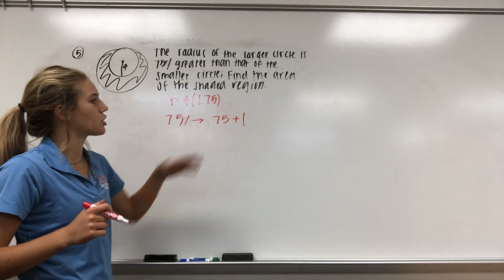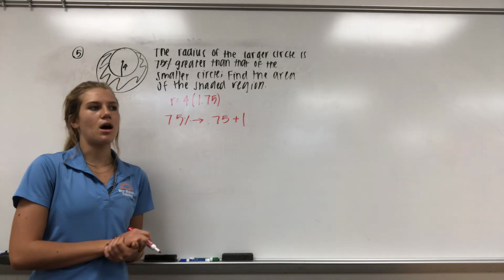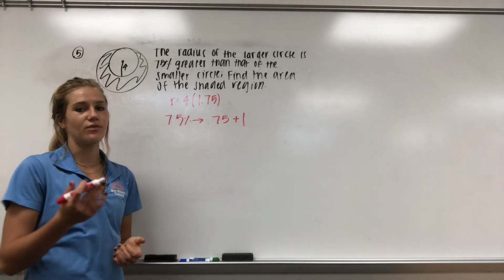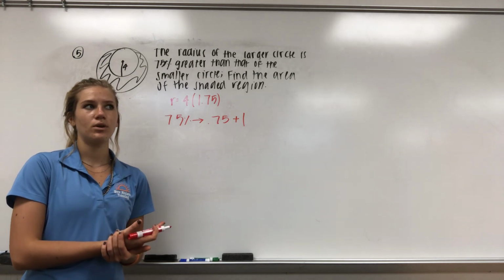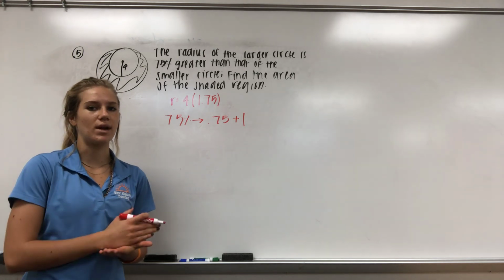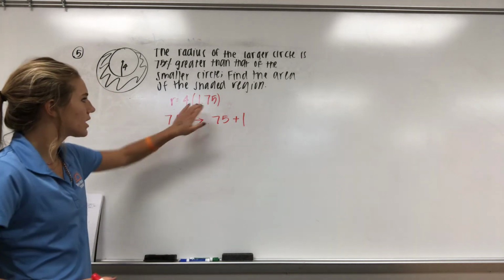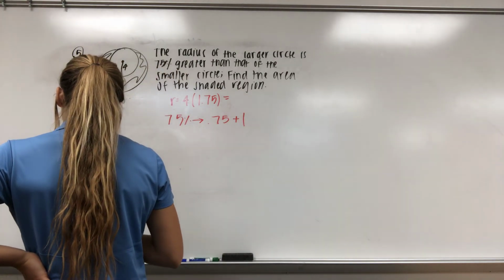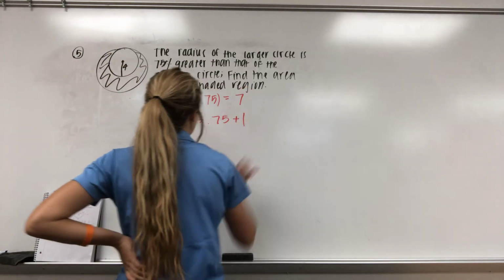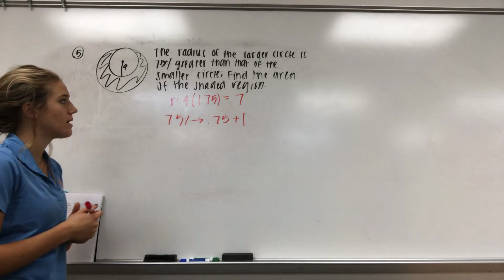But if I were to just multiply by 0.75, obviously it would give me a smaller number. That would be taking 75% of our radius, when we want to know the length of the radius that is 75% greater than 4. So that's why we multiply by 1.75, and when we do so, we get 7. So now I know the radius of my larger circle is 7.